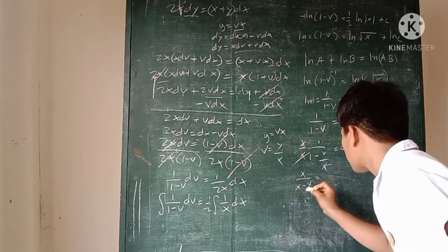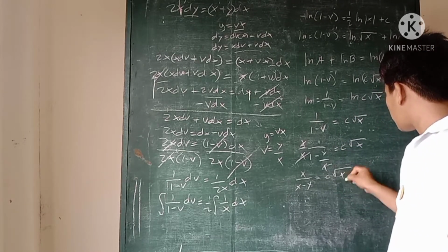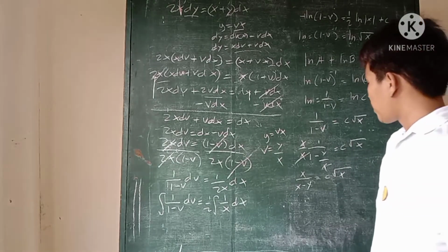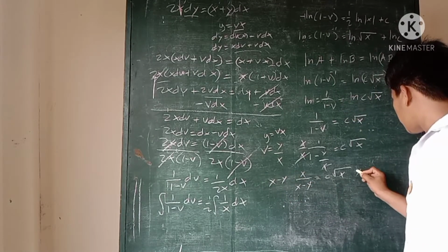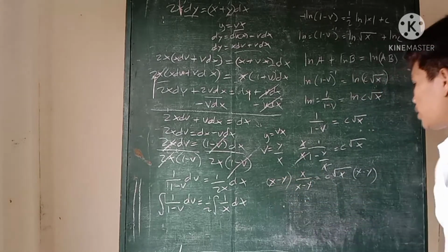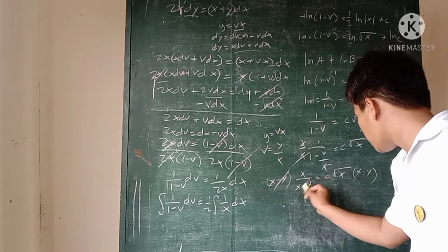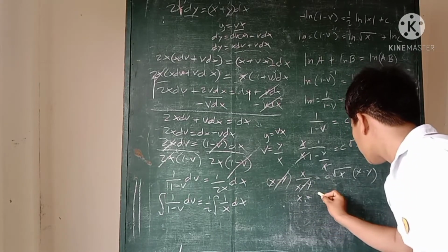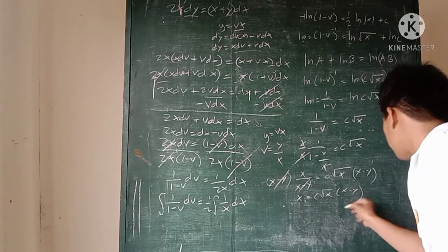So x over x minus y equals capital C square root of x. Then multiply 1 by x minus y. Since they are x minus y, cancel this one. Then the remaining is x equals c square root of x times x minus y.